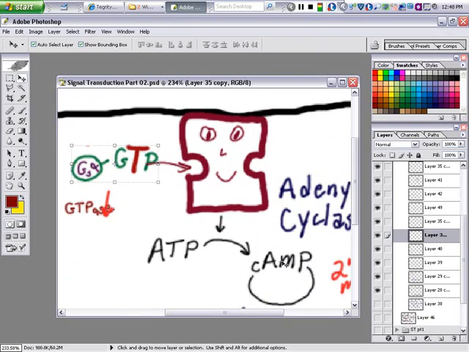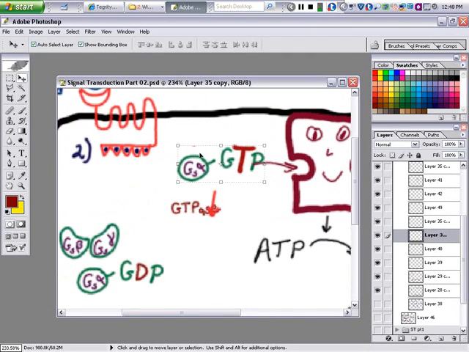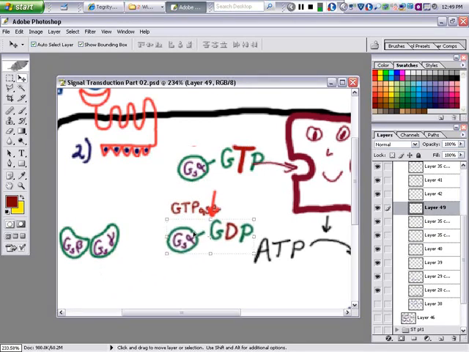But now let's say epinephrine goes away. It's not bound anymore. You don't want this to continue to activate adenylyl cyclase. So the intrinsic GTPase activity on G stimulatory alpha is going to convert G stimulatory alpha GTP into G stimulatory alpha GDP.